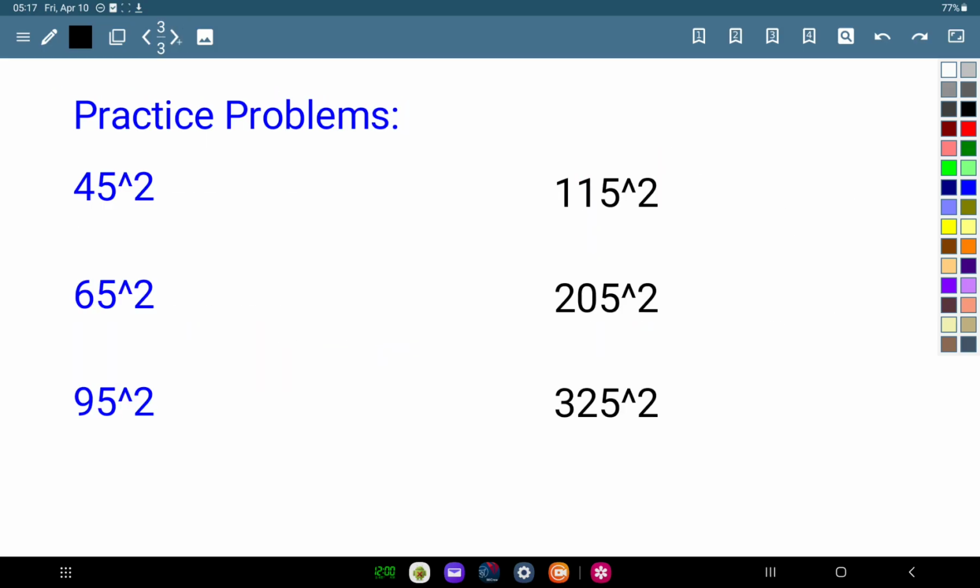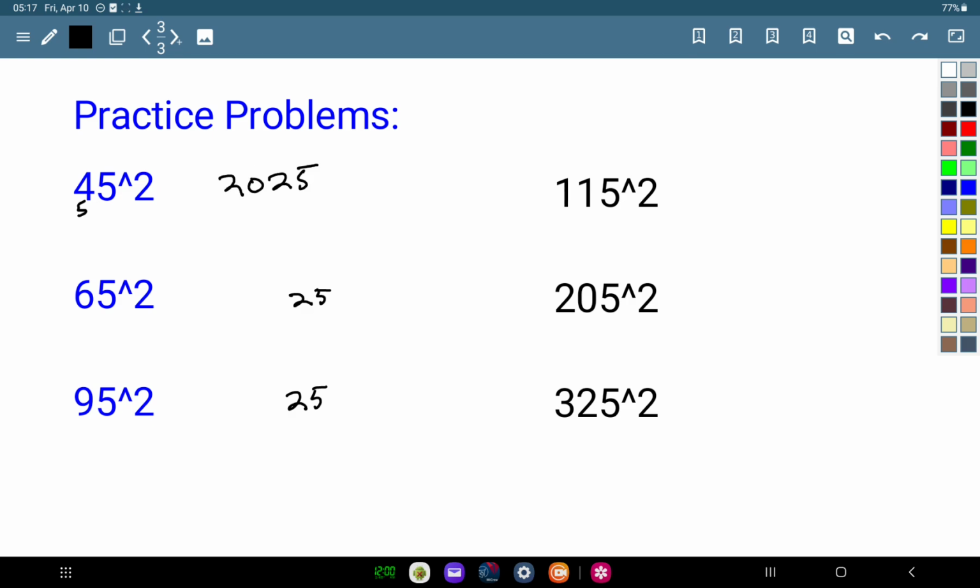So here are some practice problems. First of all, I know everything's going to end with a 25. Just do this side for now. So 4 is going to be multiplied by the next number, which is 5. 4 times 5 is 20.